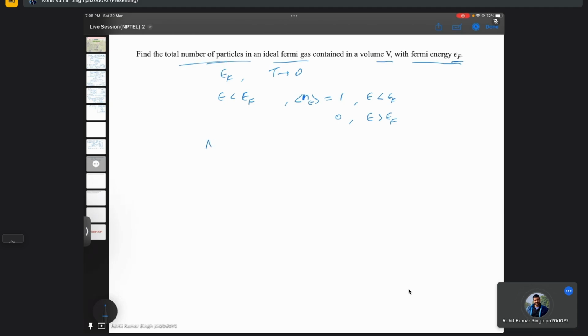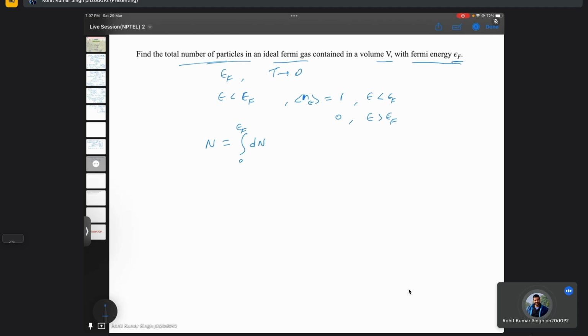Now the total number of particles is basically the total number of states from 0 to EF.